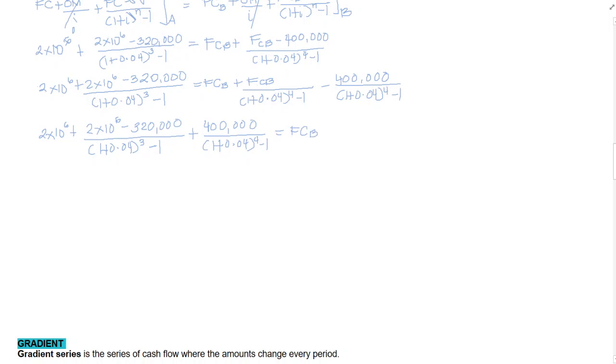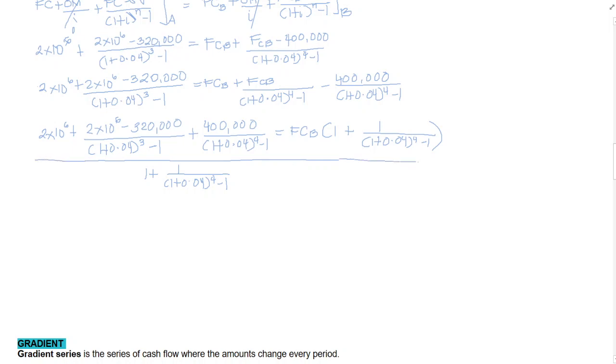Okay, we factor this one already, so that is 1 plus 1 over the denominator, which is 1 plus 0.04 raised to 4 minus 1. So to be able to get the value of FCB there, let us divide the whole equation by this one. That is 1 plus 1 over 1 plus 0.04 raised to 4 minus 1 already.